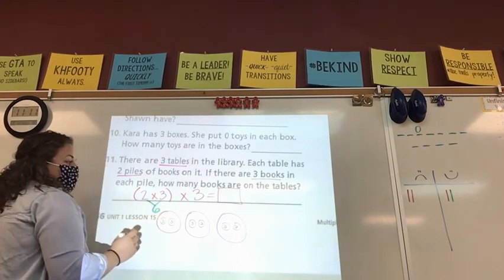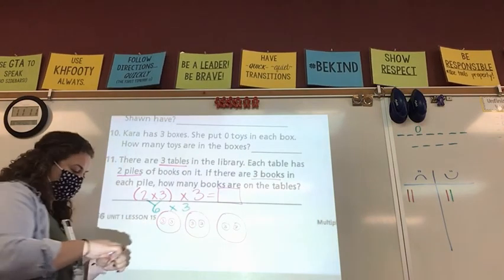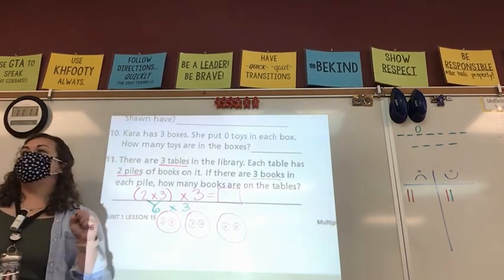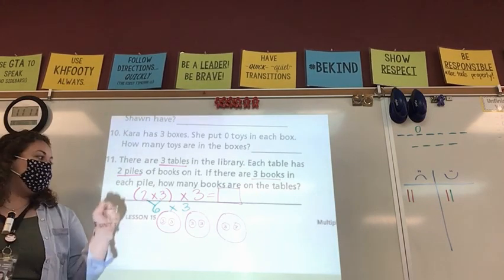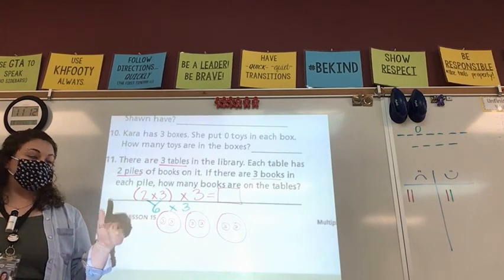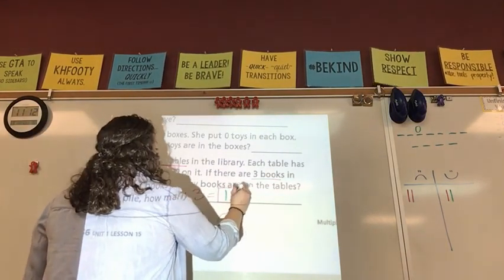Very good. Then I need to multiply that by my 3 tables. Let's do our Jingle Bells 3s. Ready? 3, 6, 9, 12, 15, 18. There's 18 what? Books.